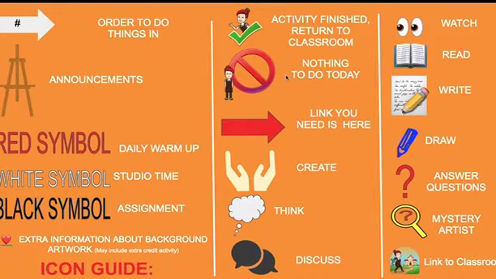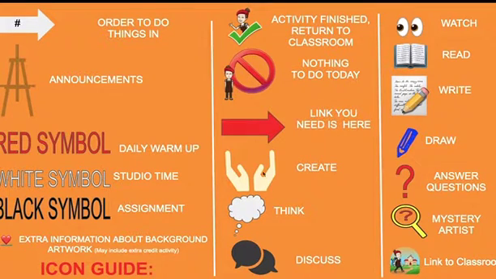If there is nothing to do for that day, for any particular daily warm-up or studio time or assignment, you're going to see this icon, this no symbol with the Bitmoji standing next to it. If there is a link within the assignment, you'll see a red arrow that's pointing to where you need to click.